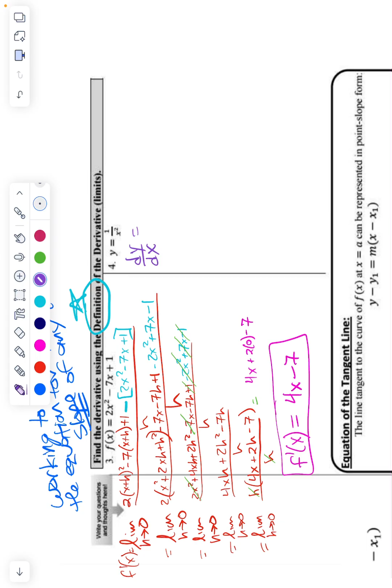f of x plus h minus f of x over h. So limit as not x, but h goes to 0 of 1 over x plus h squared minus 1 over x squared all over h.